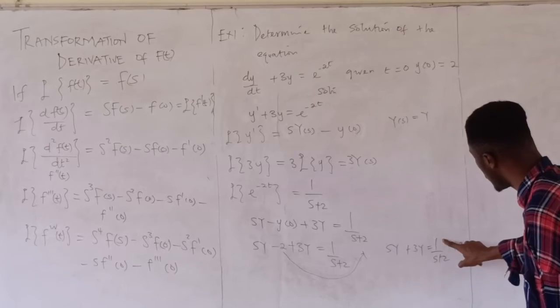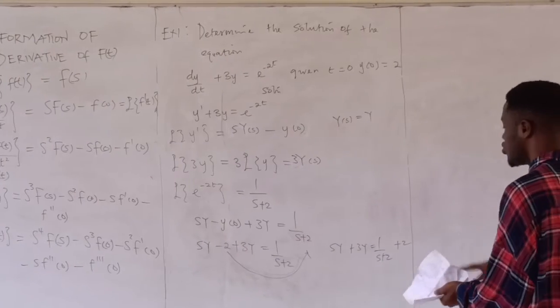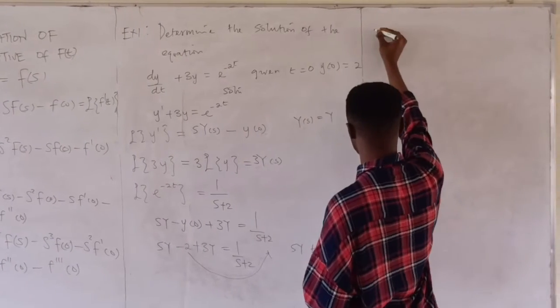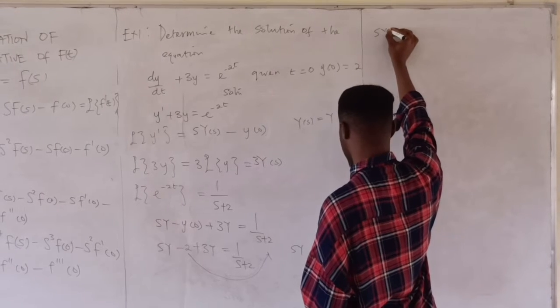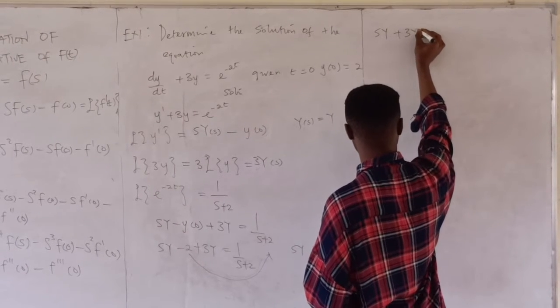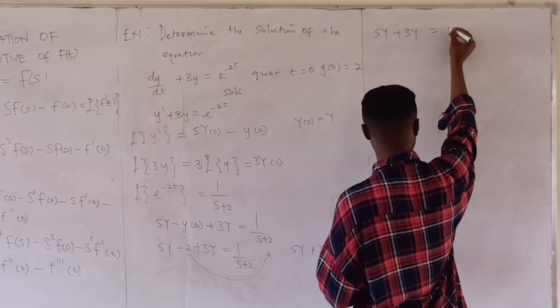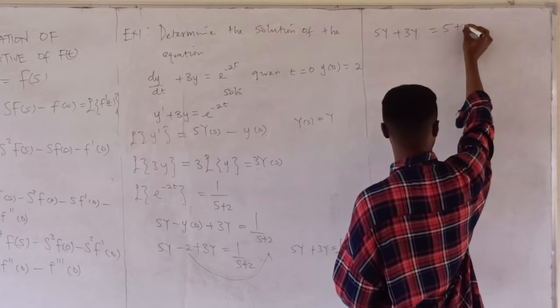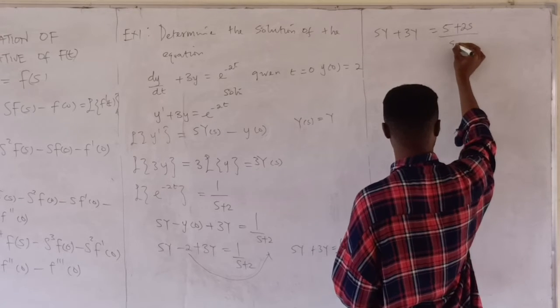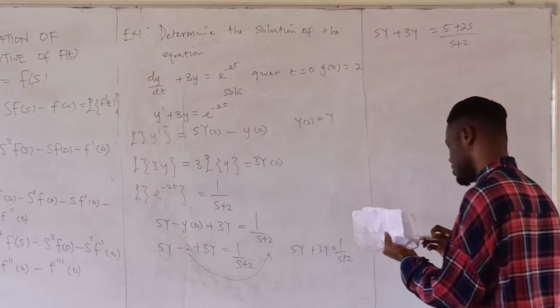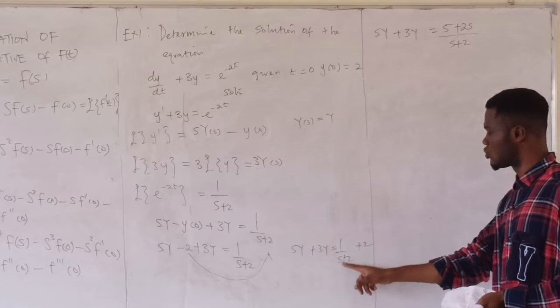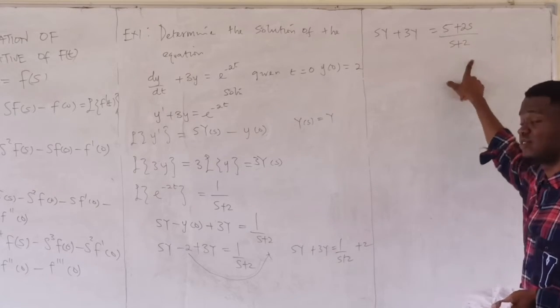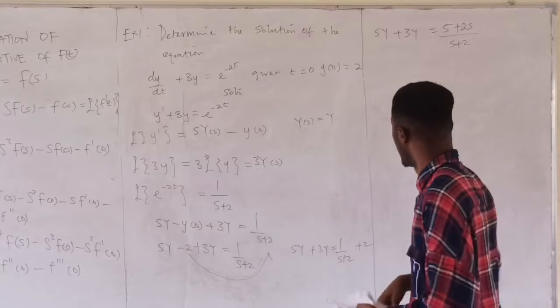Now, if you add 1 over s plus 2 plus 2 together, s of y plus 3y will be equal to 5 plus 2s divided by s plus 2, right? Whenever you add these together, you are going to have 5 plus 2s divided by s plus 2.